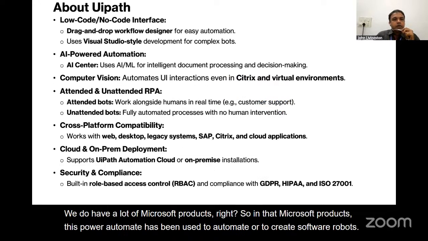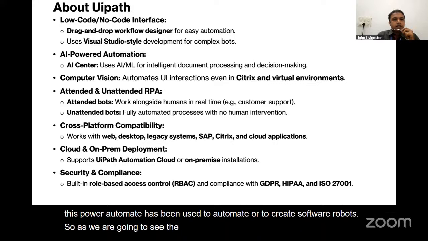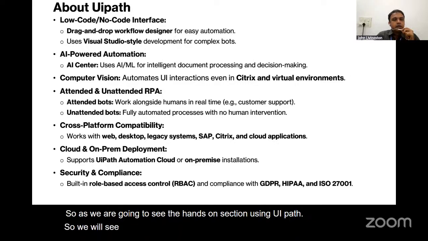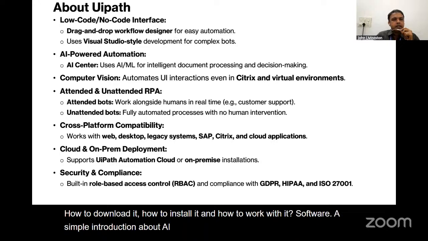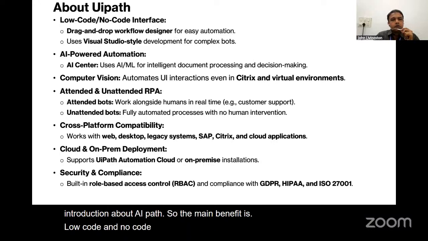As we are going to see the hands-on section using UiPath, we will see how to download it, how to install it, and how to work with the UiPath software. A simple introduction about UiPath: the main benefit is low code and no code. What is low code or no code? The writing of code is very, very minimal.